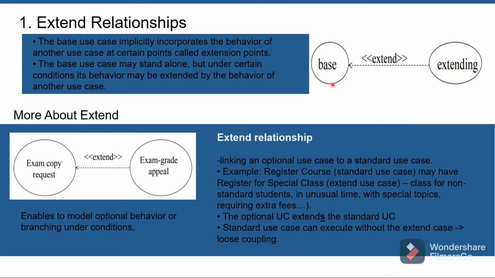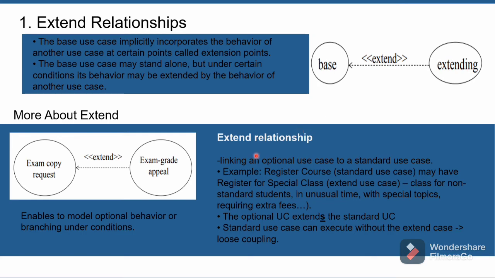Extend relationships. The base use case implicitly incorporates the behavior of another use case at certain points called extension points. The base use case may stand alone, but under certain conditions, its behavior may be extended by the behavior of another use case.